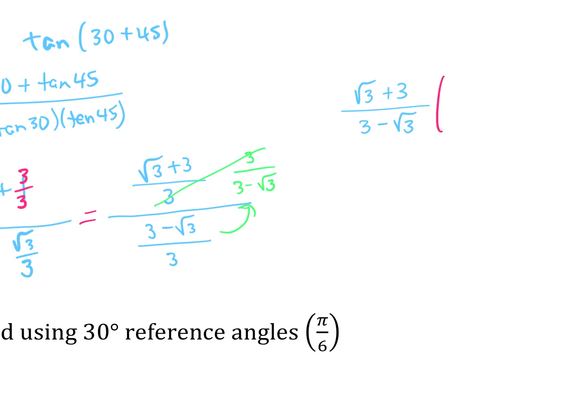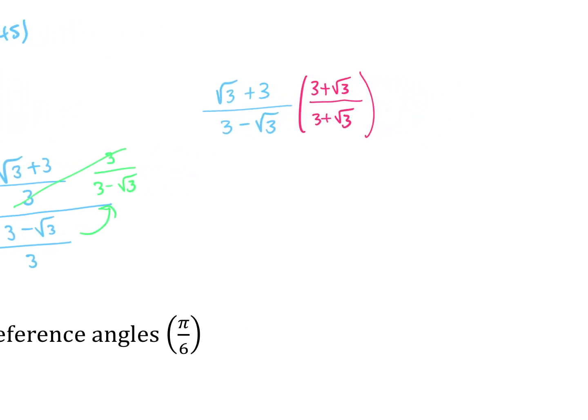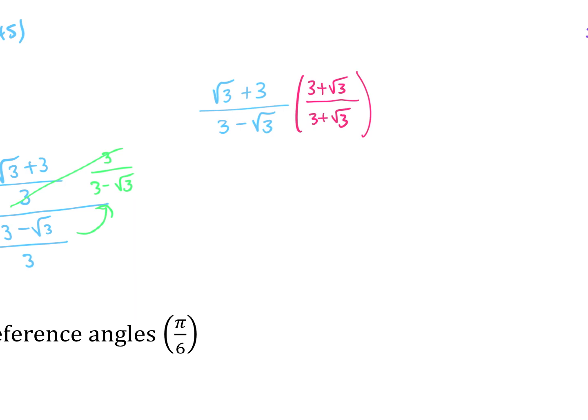So now we're going to multiply by the conjugate. So we've got to multiply by 3 plus the square root of 3, top and bottom. Okay, so when I FOIL on the top, I get 3 root 3 for the first term.